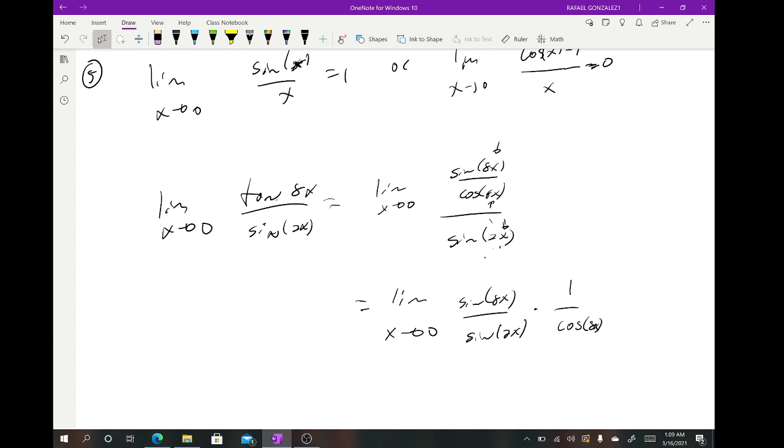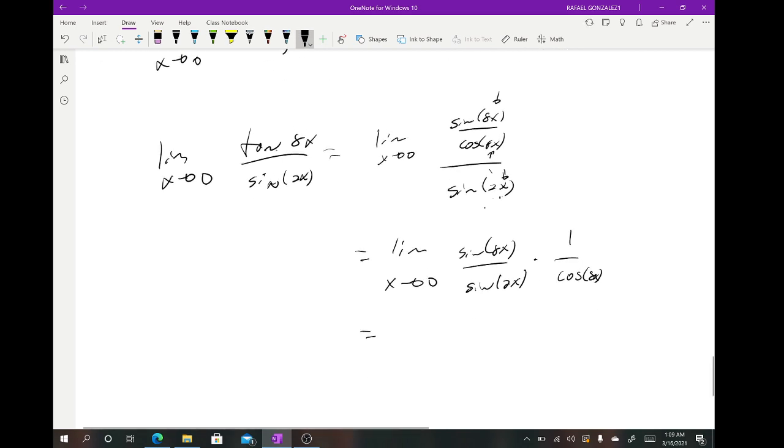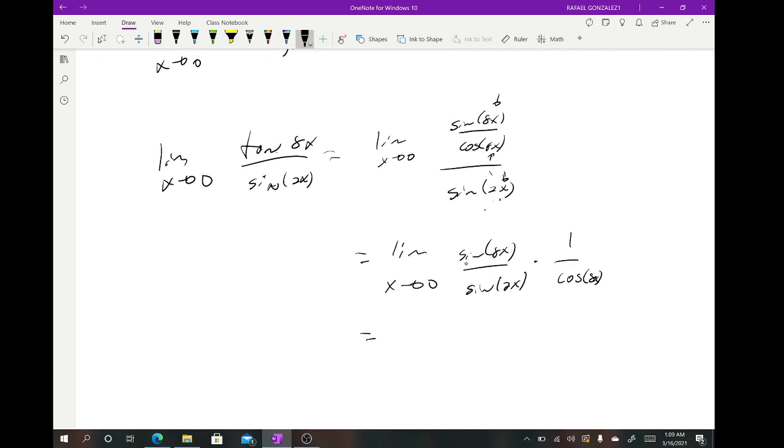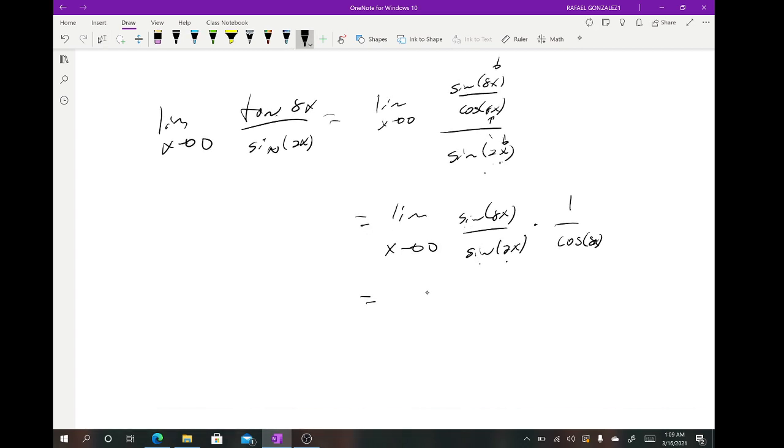Oh, of course, yeah. Here we have the limit of sine of 8x over sine of 2x. So we can actually rewrite this as the limit as x goes to 0.